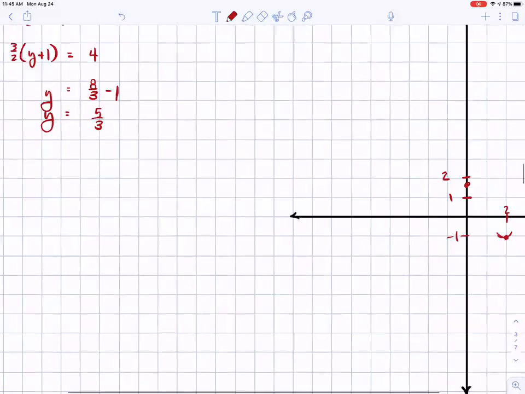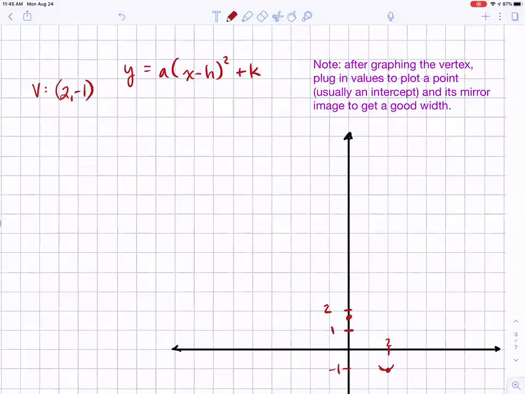Okay, one more thing. Let's go back and look at that note again. After graphing the vertex, done. Plug in values, done. Plot a point, done. And plot its mirror image. Remember, all parabolas are symmetric about the axis of symmetry.